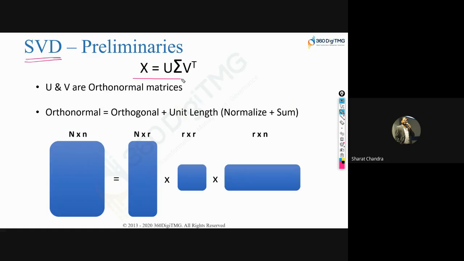What this does is convert the DTM that we have into 3 separate matrices: U, sigma, V transpose. You can also represent it as U D V transpose.